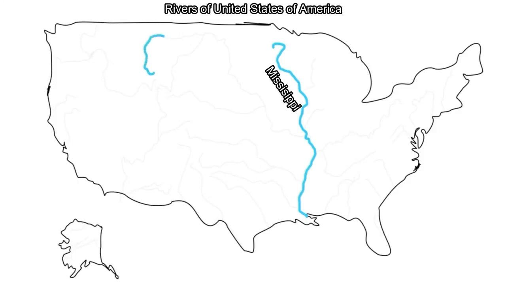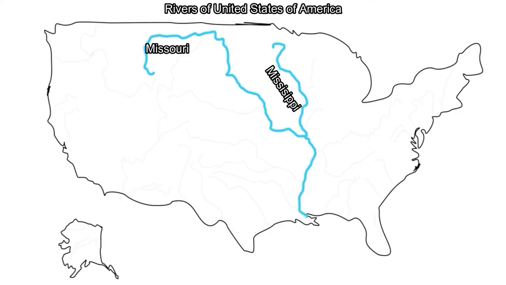This is one of the longest rivers, Missouri, and Mississippi is a big basin which is very significant for American economy, agriculture, and climate. Missouri starts from the north and joins Mississippi.